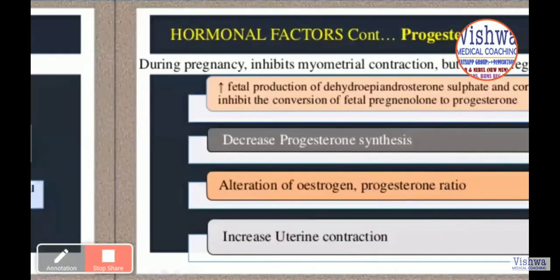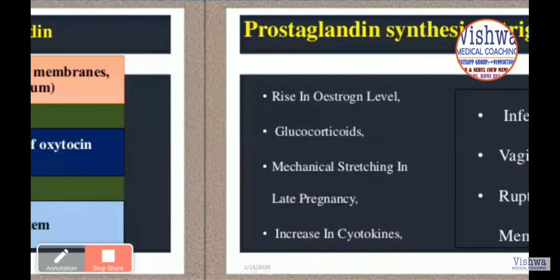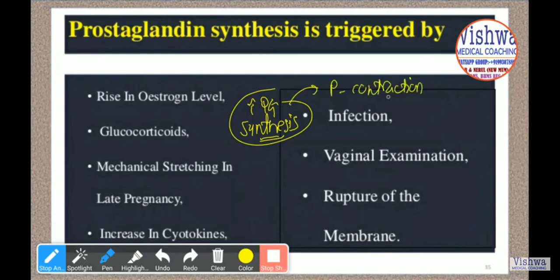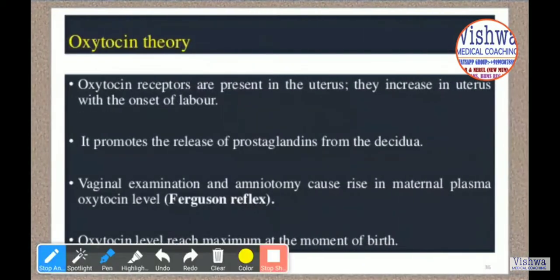Now we also have the third theory, and they say it is because of increase in prostaglandin synthesis. Remember, prostaglandins are powerful contractors of the uterus. As the labor comes to the expected date of delivery, prostaglandin produced increases, and that leads to contractions being initiated more and more, and that leads to oxytocin being released.